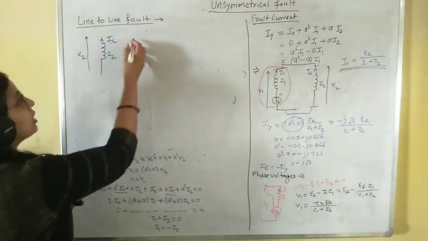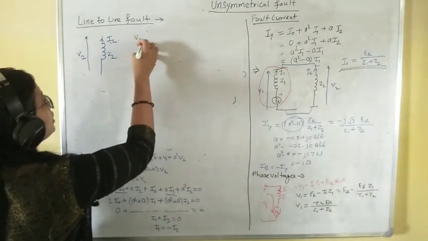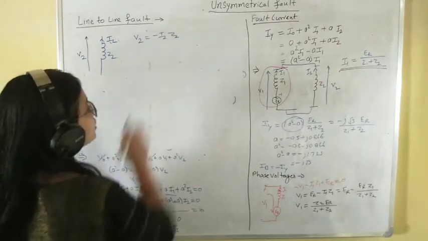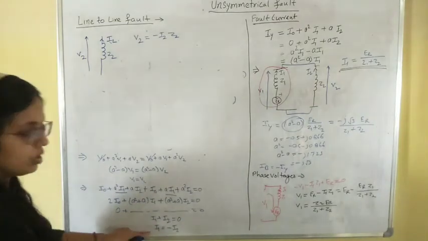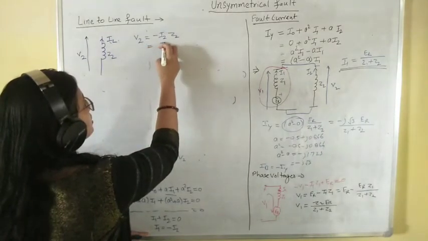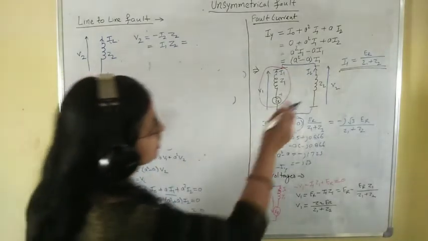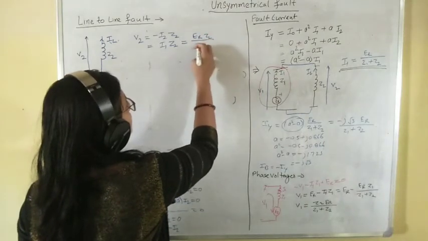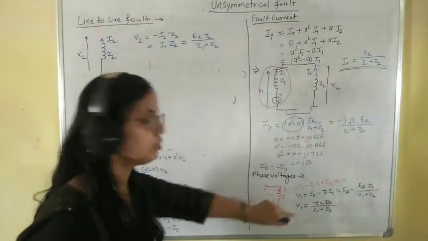If we apply Ohm's law or KVL, here V2 will be minus times I2 Z2. And I2 is minus times I1, so we put it as I1 Z2. I1 we know is ER upon Z1 plus Z2. So we get V1 equal to V2.